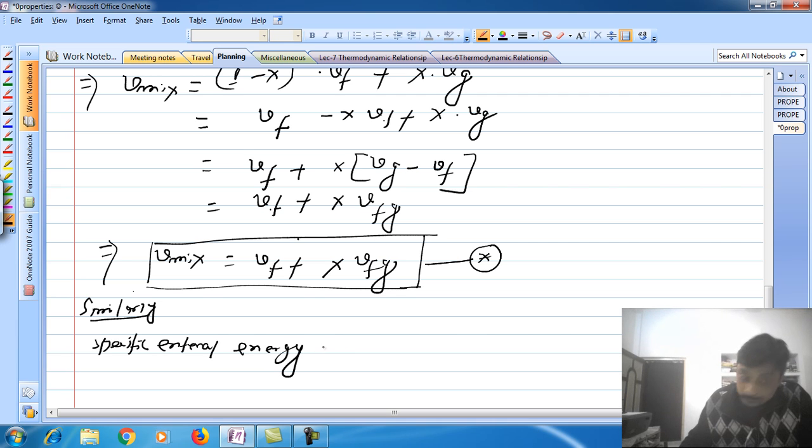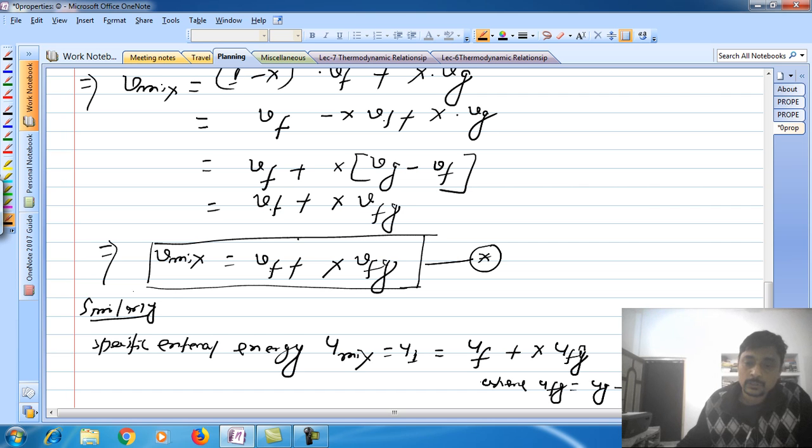This is equal to u mixture. Of course, this is u1, which is equal to the specific internal energy of fluid plus x into ufg, where ufg is equal to ug minus uf.